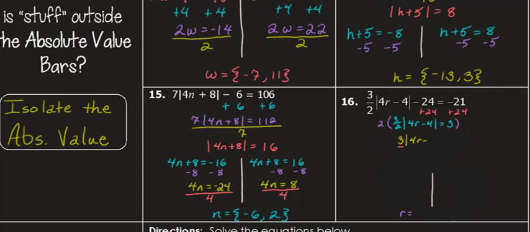And then absolute value of 4r minus 4 equals, and then 2 times 3 is 6. Now divide by 3. The 3's cancel on the left, leaving absolute value of 4r minus 4. And 6 divided by 3 is 2. Solve the absolute value.